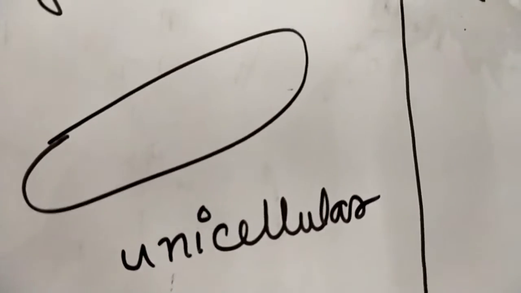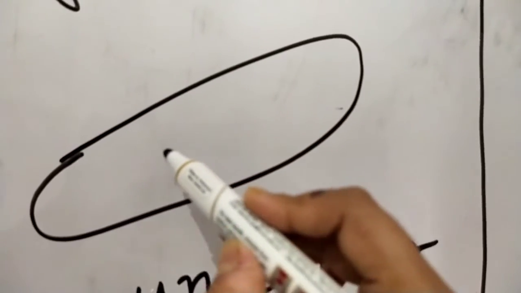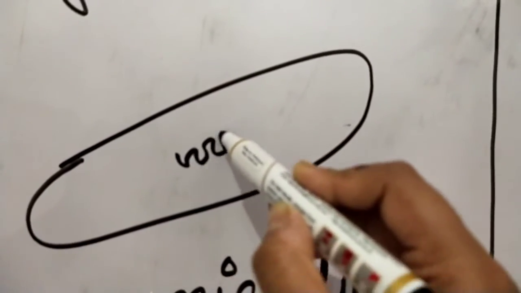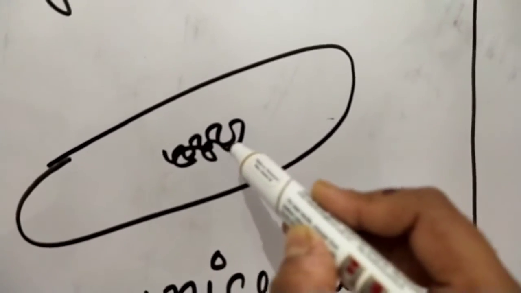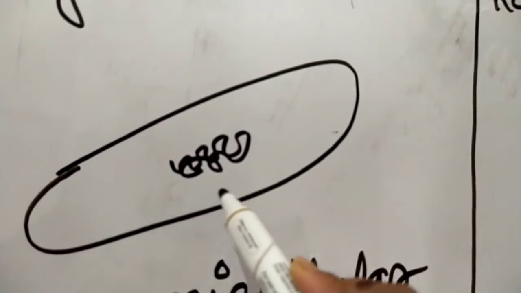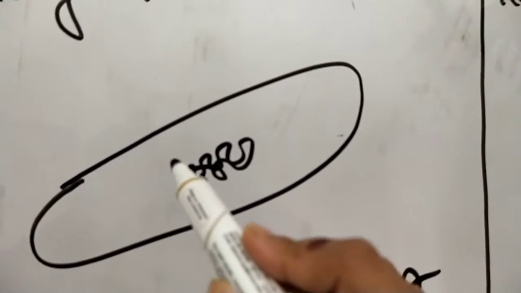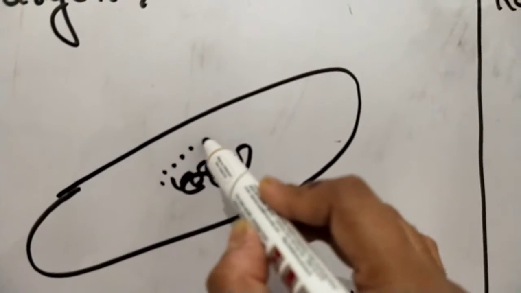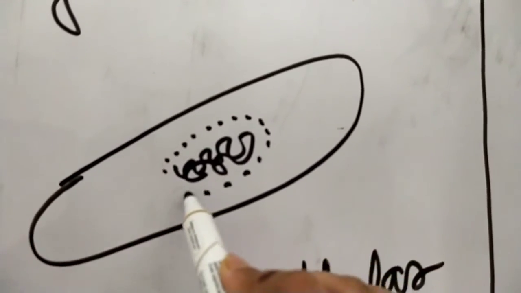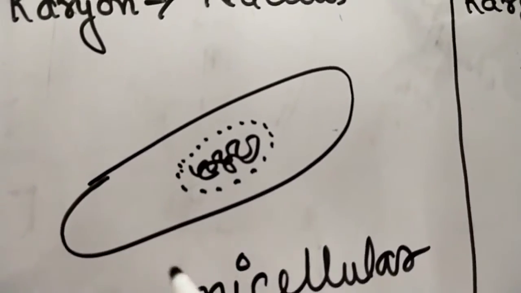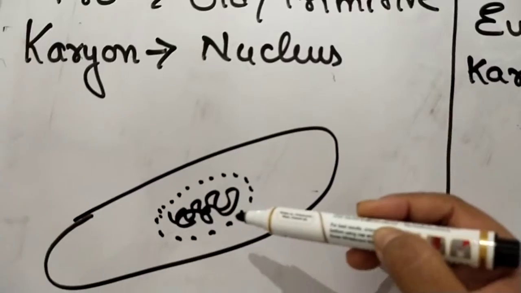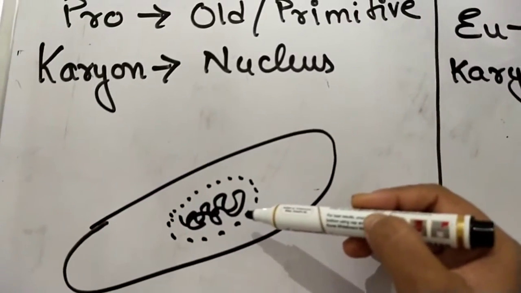So here, their genetic material is present somewhere here, but this material is not covered or bounded by a membrane. It is simply a denoted area without a membrane where the genetic material is present.